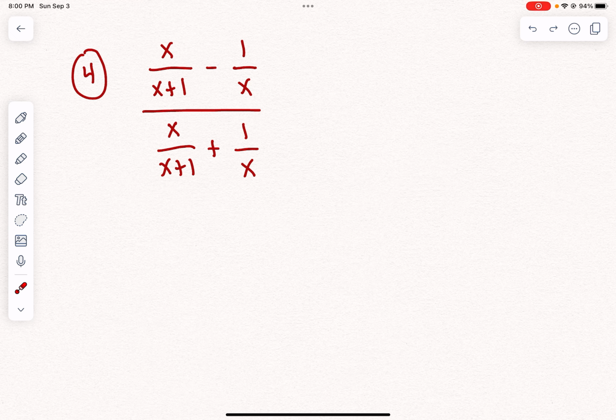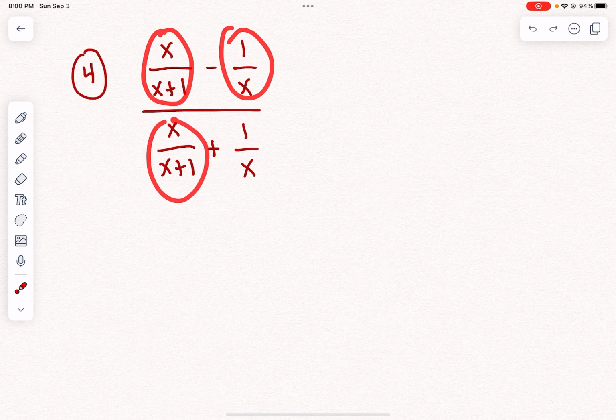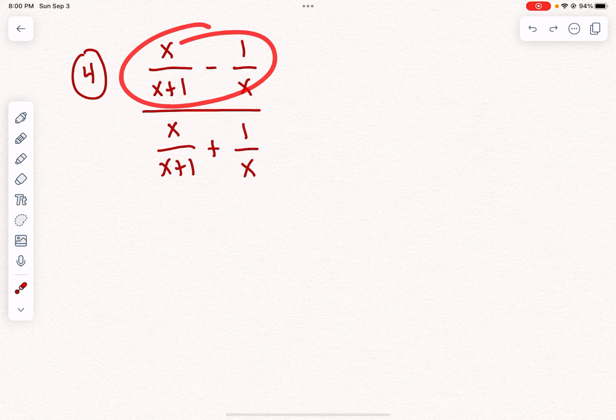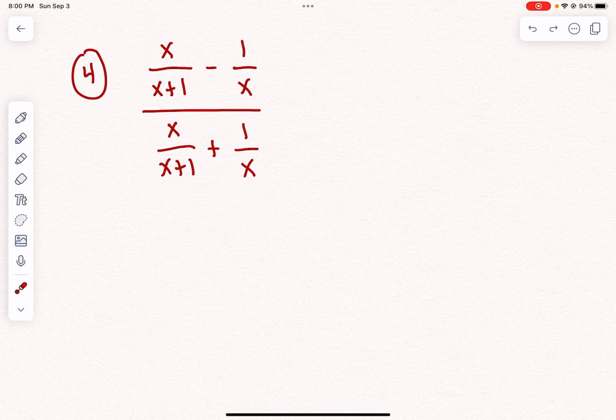So we want to use the same idea we looked at in question number 2, where we multiply by a shared common denominator in each term. Notice here, if you look at the numerator, this term has a denominator of x plus 1, but this other term has a denominator of x.